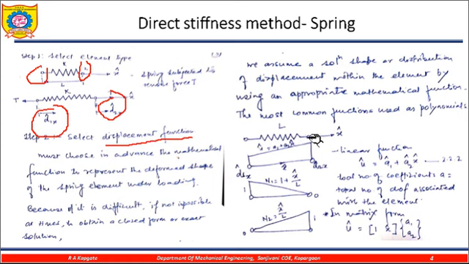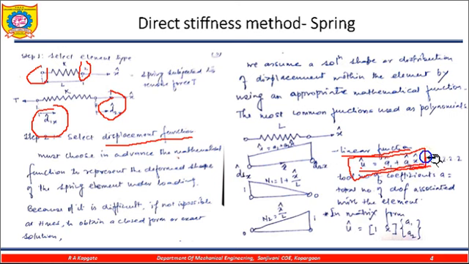Now this is the spring. The spring is elongated linearly, and there are two nodes. Since this is a linear elongation, I am considering a linear function, that is u is equal to a1 plus a2x. Now this function, we have not taken arbitrarily.